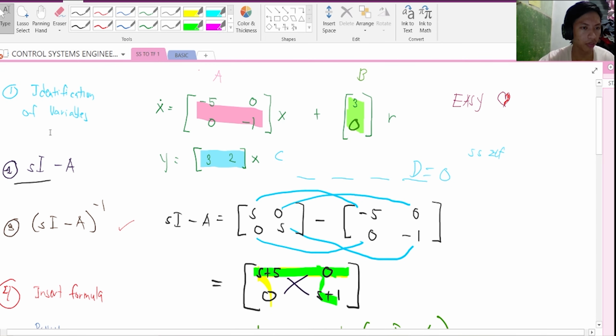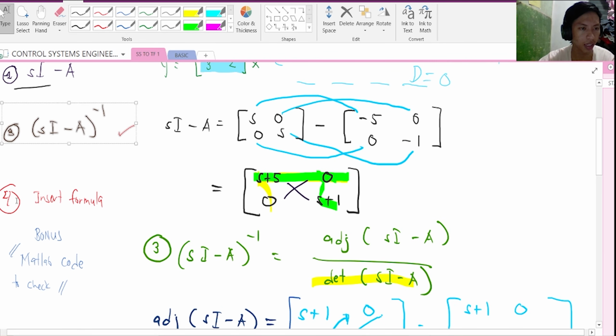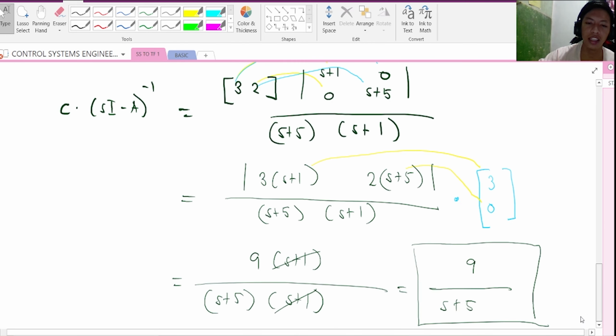Identify the variable, subtract it, find the inverse, which is this formula, and then we insert the formula. And that's it. We're done, and this is our final answer. I hope you learned a lot.